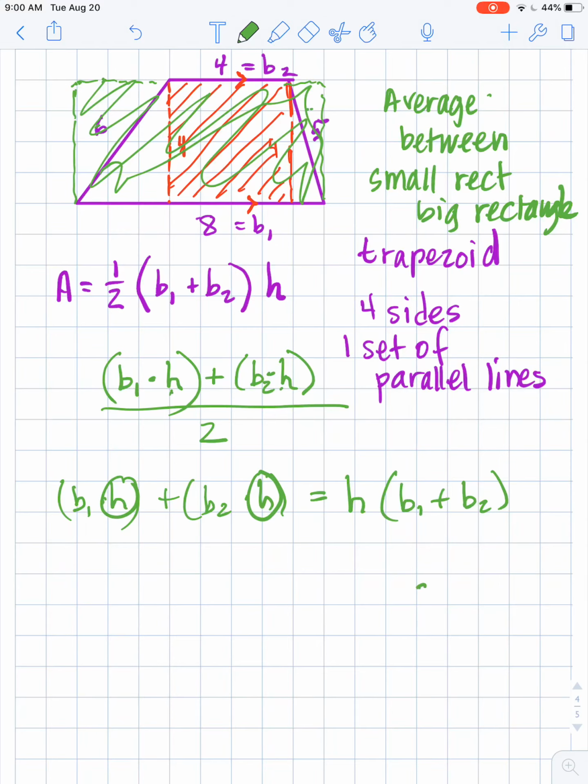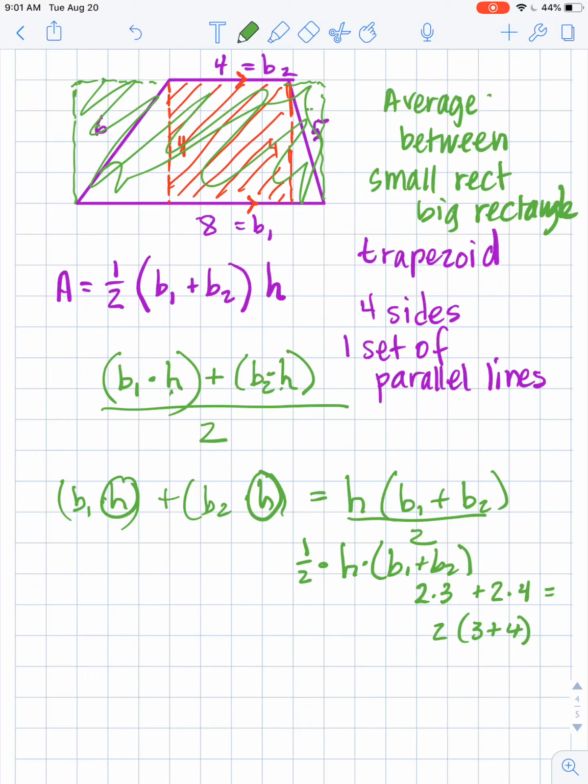It would be like 2 times 3 plus 2 times 4 would be equal to 2 times 3 plus 4. Distributive property. And then you just put it over 2, which is the same as this. You can factor the half. You could take 1/2 times h times b1 plus b2, which is the same. However you want to remember it.